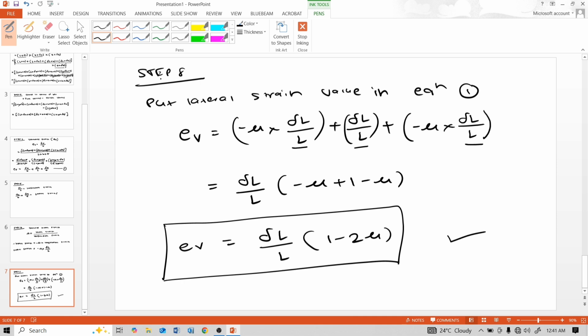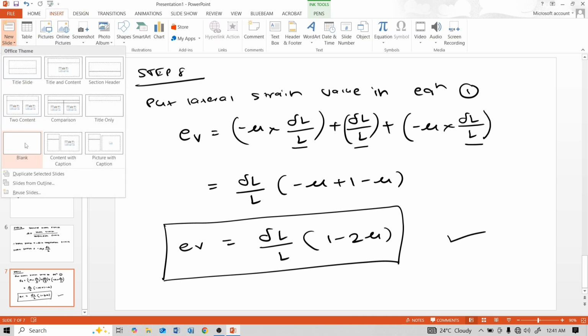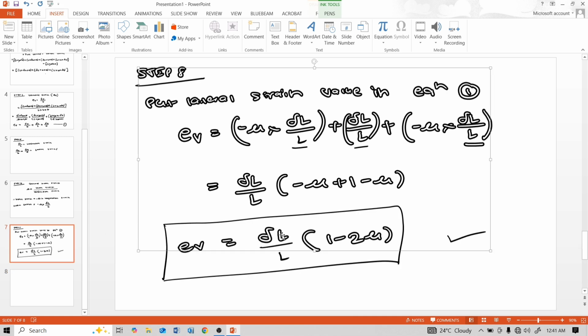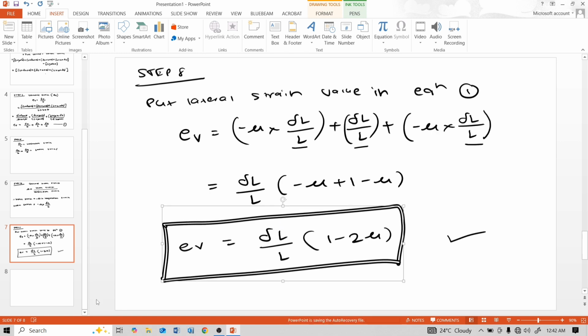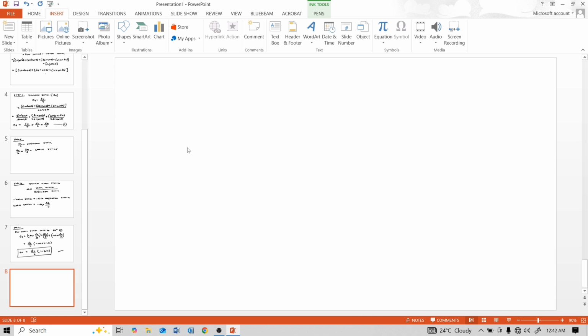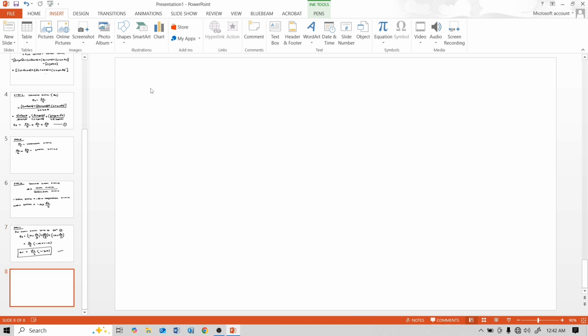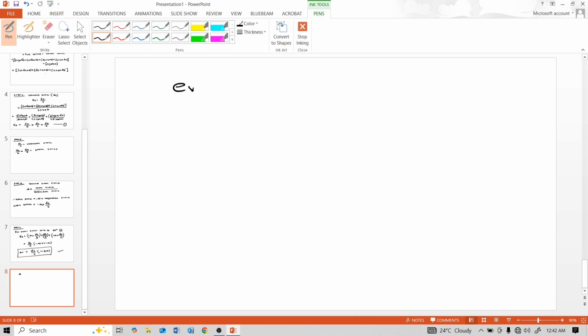And also, this change in length to the original length is nothing but the strain, denoted by E. So EV is equal to E into 1 minus 2 mu, and strain is also stress upon Young's modulus.